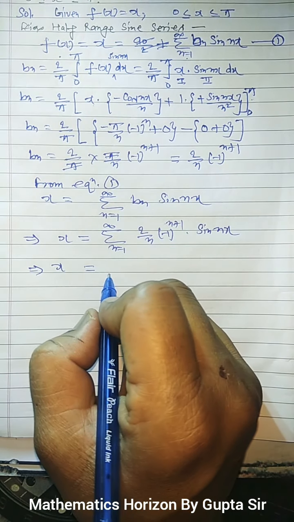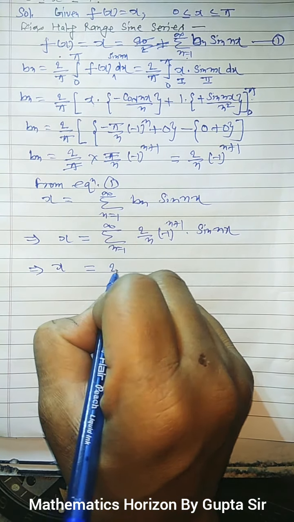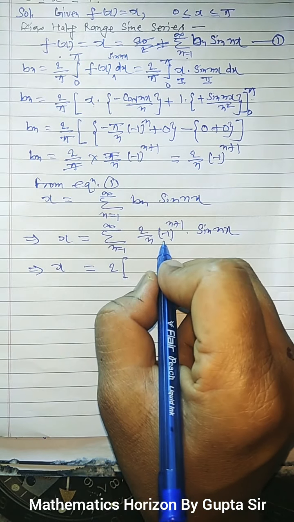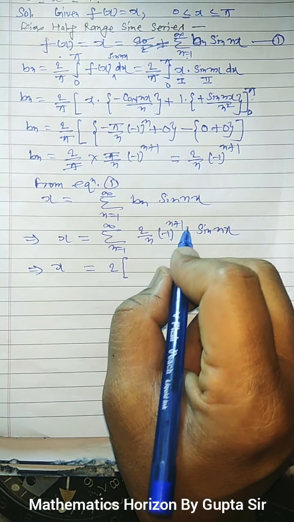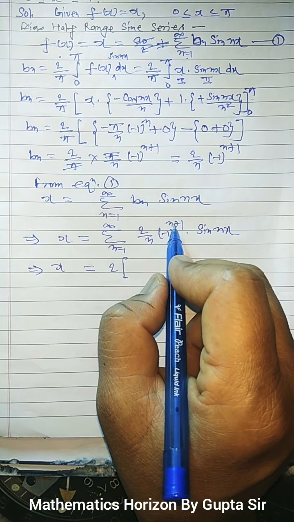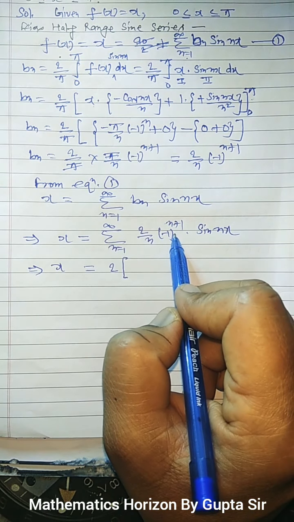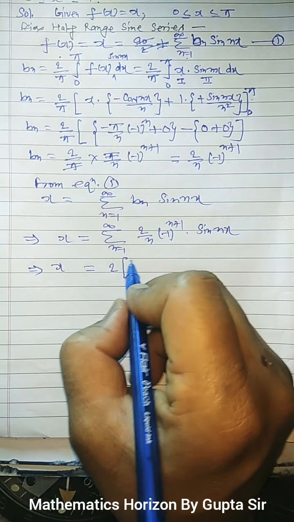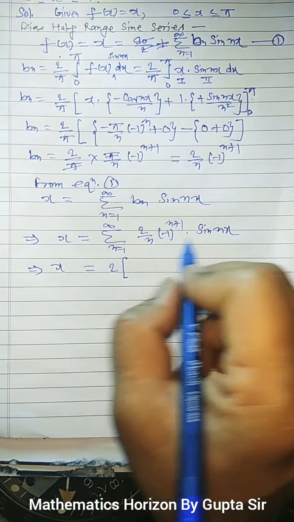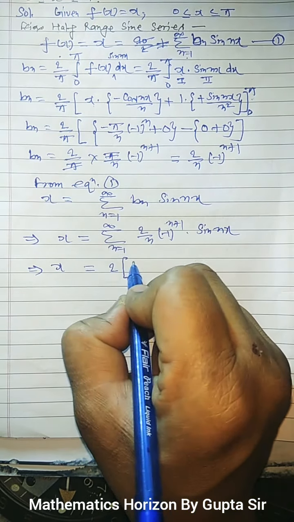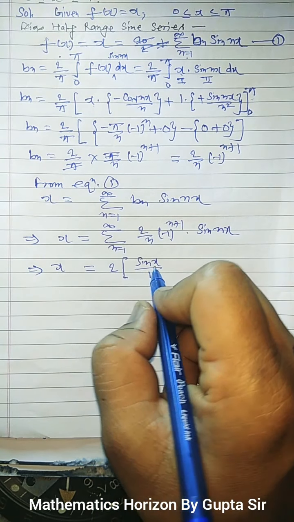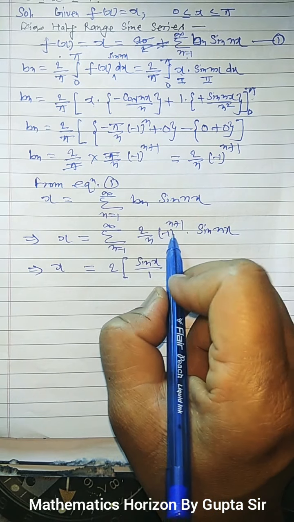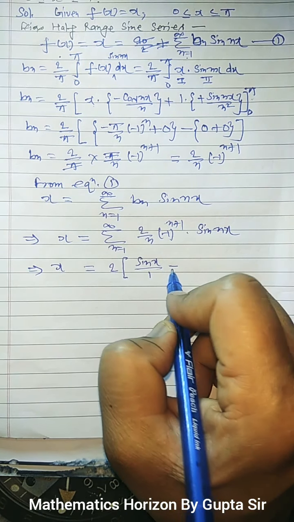Now we can open this. When n equal to 1, here we have minus 1 to the power 1 plus 1, that is 2, minus 1 to the power 2 means minus 1 to the power even number means plus 1. That is when n equal to 1, we have first term sin x upon 1. When n equal to 2, minus 1 to the power 3 means negative number.